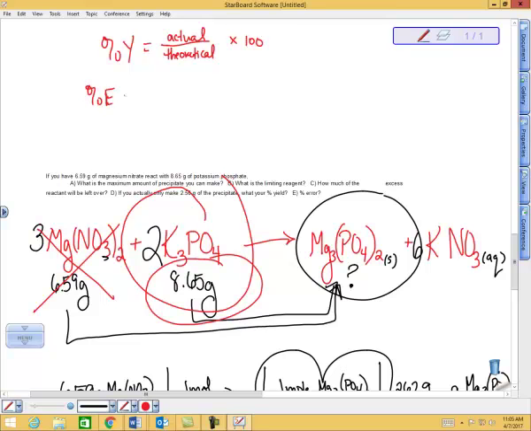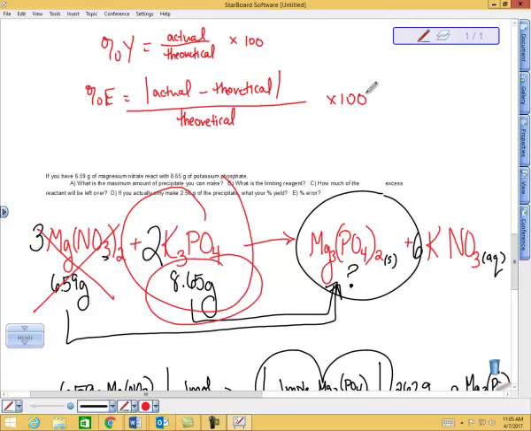Percent error is a little different. This is the absolute value of what you actually got minus what you theoretically could have gotten, and then you divide by your theoretical one more time, and then times 100. So those are your formulas. Make sure you know those for your test.